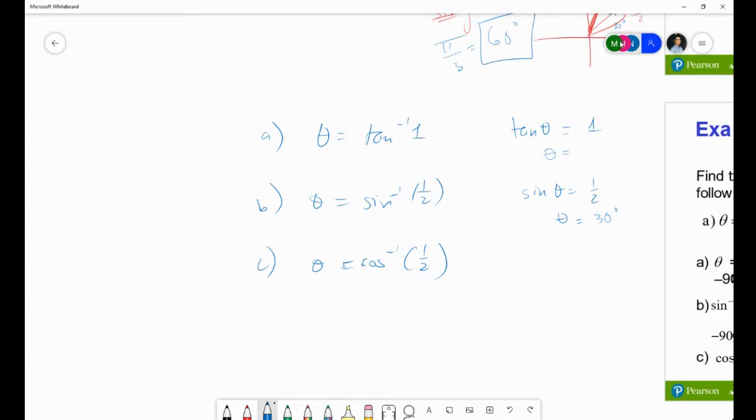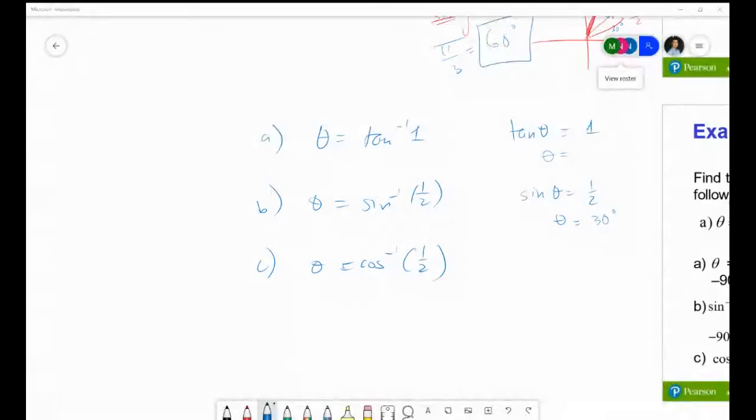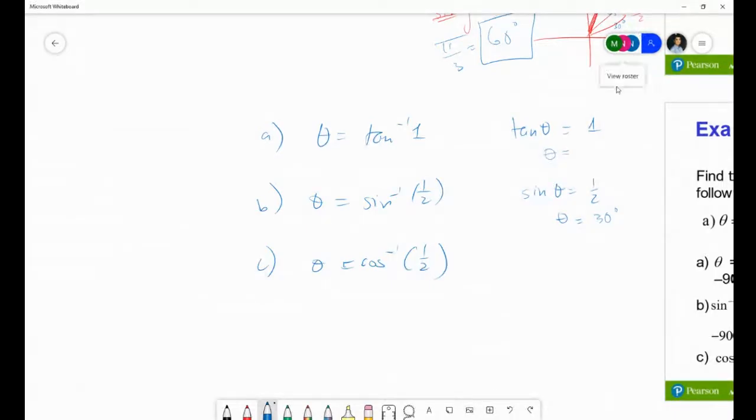Aim, what about you? Or Mohammed? I'm sorry, can you repeat that? Part A, tan theta is equal to 1. What is theta? Theta is equal to 45 degrees or root 2 over 2. That's the value of it, but the angle of it is pi over 4.